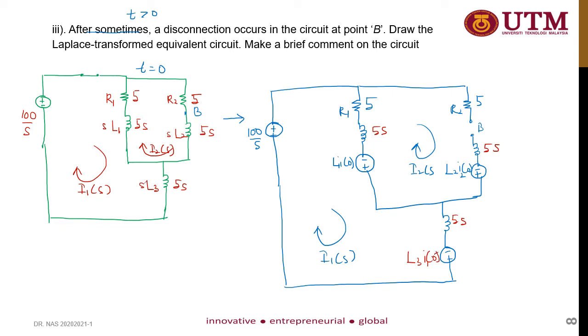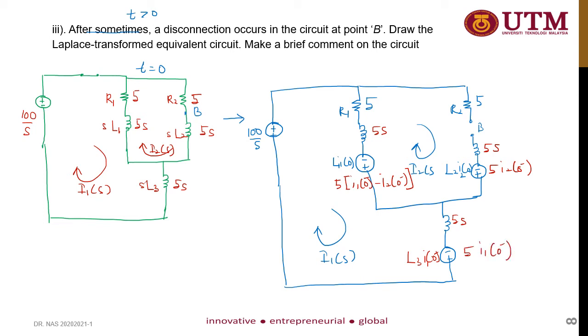And at this point, since it's the sharing condition, L I naught is equal to L, which is 5, times I1 naught minus I2 naught. And here is L2, so it is 5 times I2 naught. Okay, and here is 5 I1 naught.